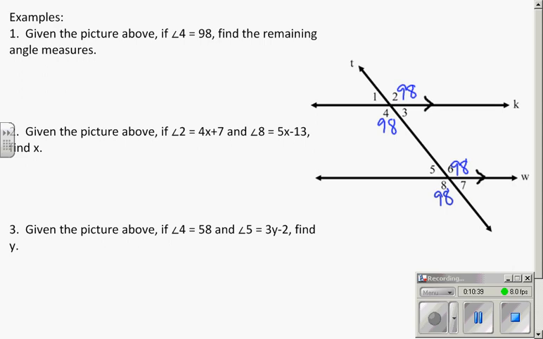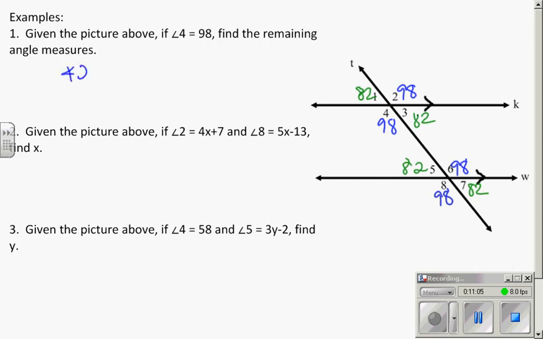Then I'm going to use my linear pair or supplementary to find the rest of my angles. And that means that this is 82, 82, 82, and 82. So it makes solving a picture very easy.